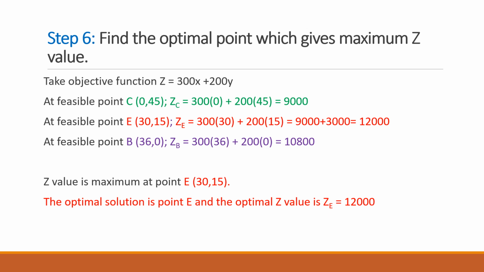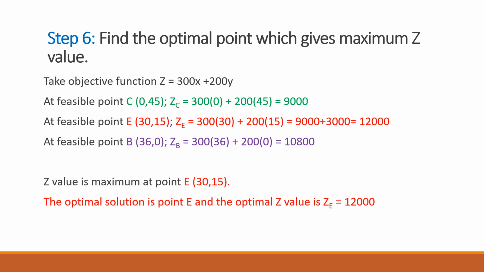At point E, 30, 15, 300 into 30 plus 200 into 15 gives 12,000. At point B, 36, 0, 300 into 36 plus 200 into 0 gives 10,800. If you look at all the values, the maximum value is at point E, which is 12,000.